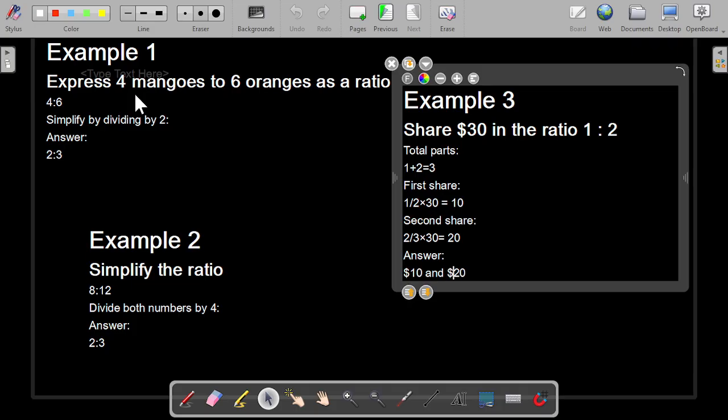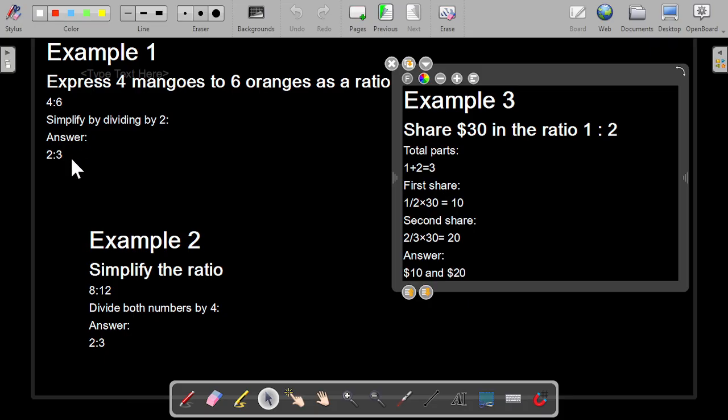So in this case, you are going to look at it. You look at the two of them, they have a common factor, which is 2. Then you divide them. If you divide this 4 by 2, it will give you 2. You divide this 6 by 2, it will give you 3.